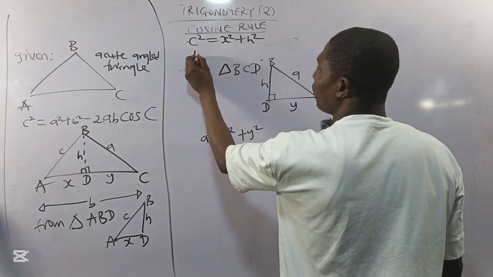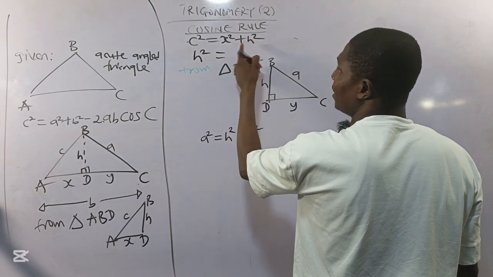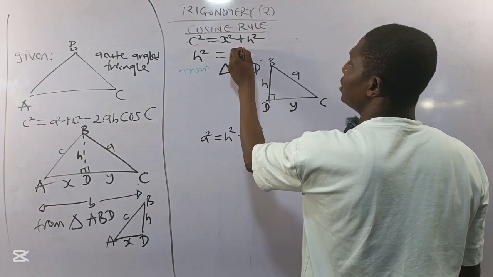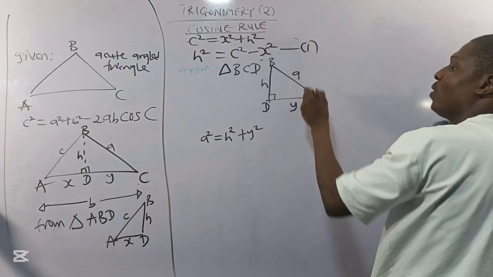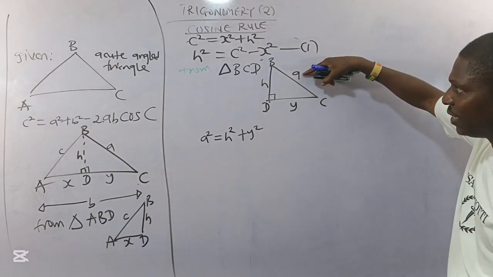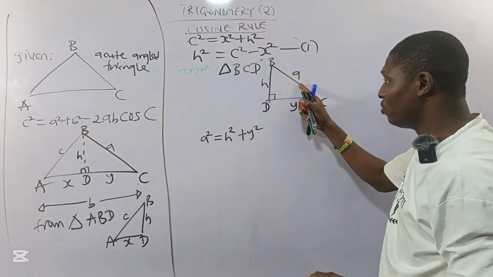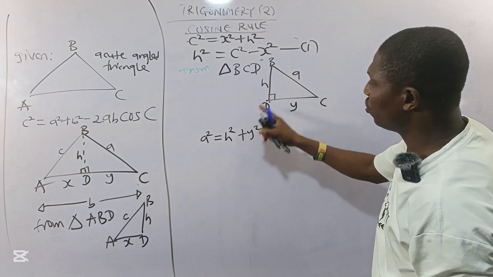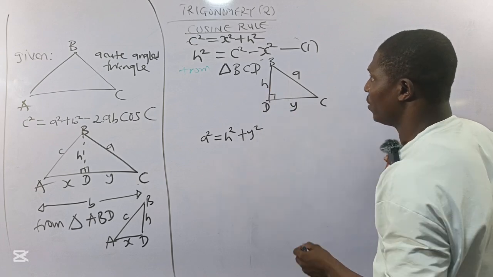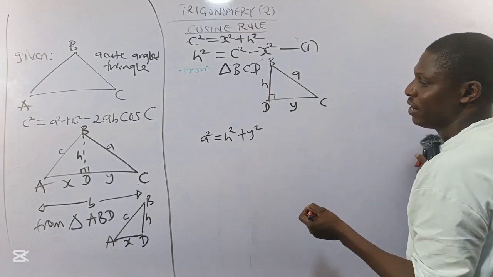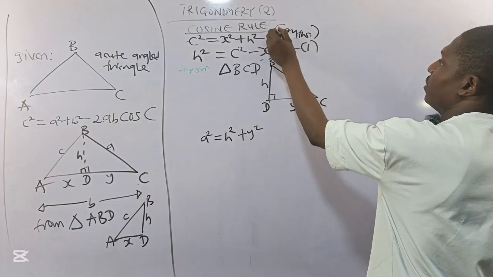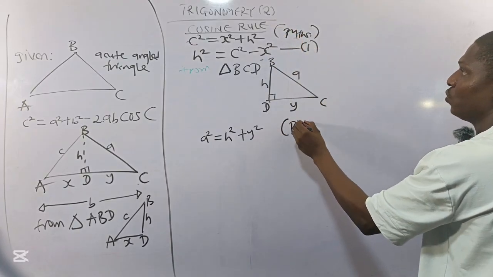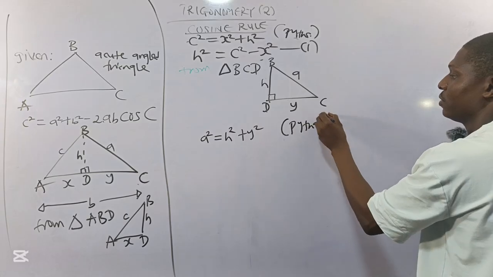Making h squared the subject, I have h squared equals c squared minus x squared. This becomes equation 1. And I have a squared, where the right angle is facing the hypotenuse side, equal to h squared plus y squared. These are gotten by the Pythagoras theorem, remember.